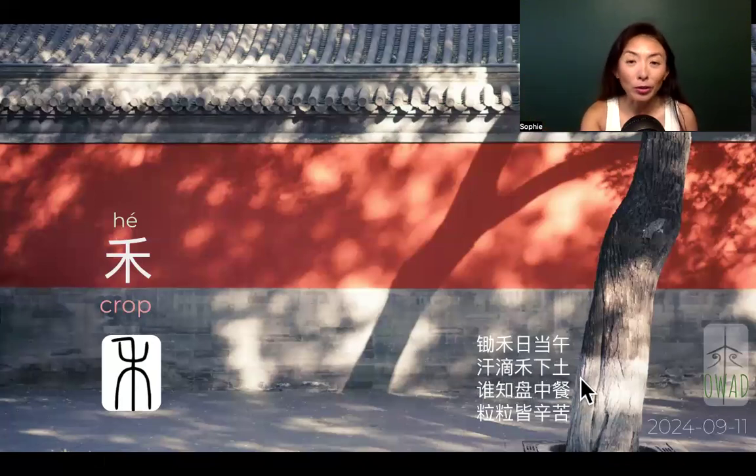The farmers who are doing that hard labor, their sweat drips down onto the soil right under the crop. 谁知盘中餐? Who would know the food on your plate? 盘中餐, 粒粒皆辛苦. Every single grain. So 粒粒 is grain. So every single one of them came from hard labor.